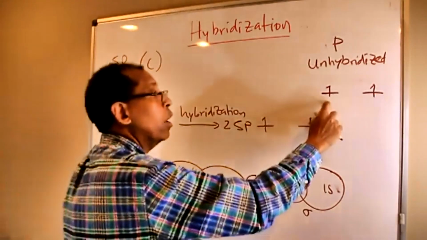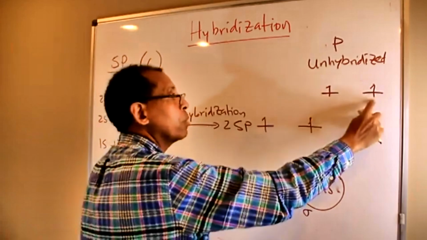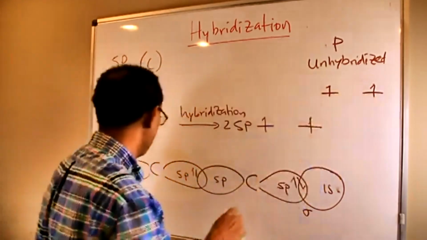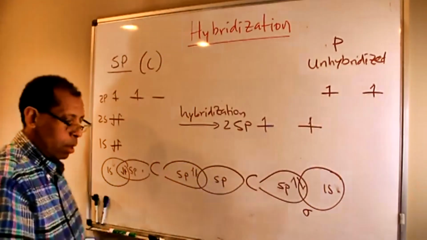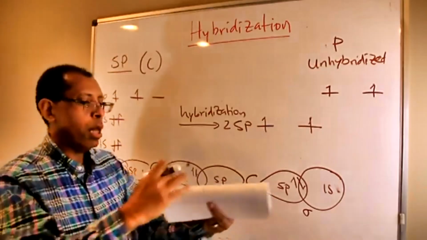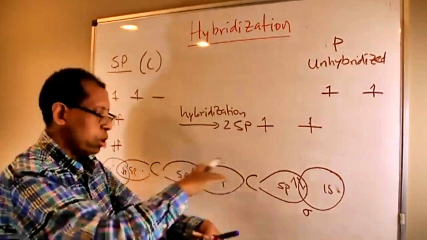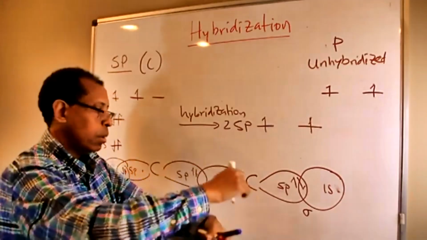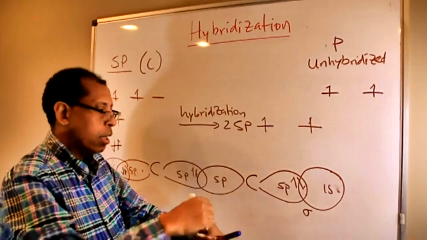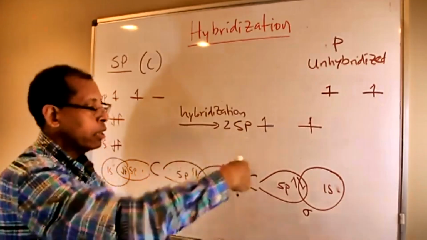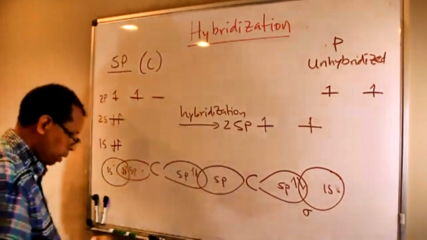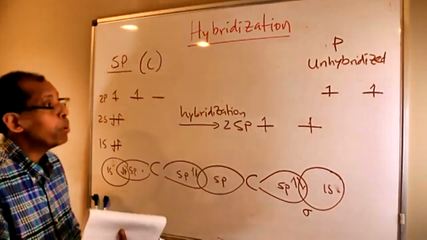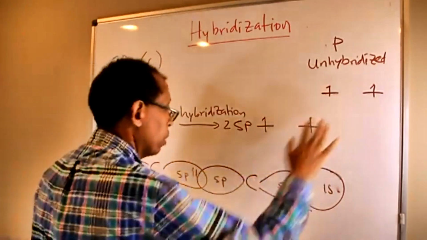But remember, you have 2 unhybridized p orbitals on each carbon. So let's say this is the sp orbital containing carbon, there are p orbitals on both, and there is another p orbital in the z direction. I will just draw the remaining unhybridized p orbitals.